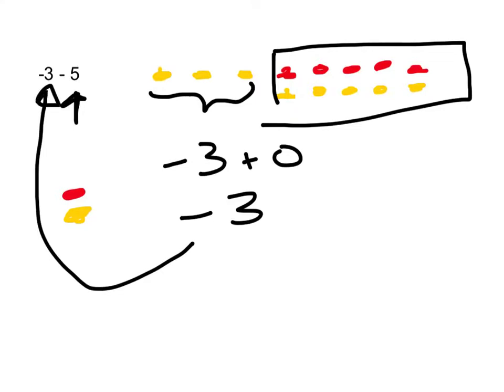But now I need to take away those 5 positives. 1, 2, 3, 4, 5. What I'm now left with are all of these negatives. These negative 3 plus these 5 negatives give me a final answer of negative 8.